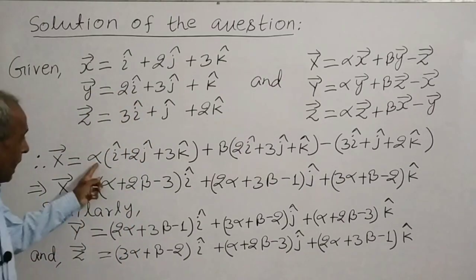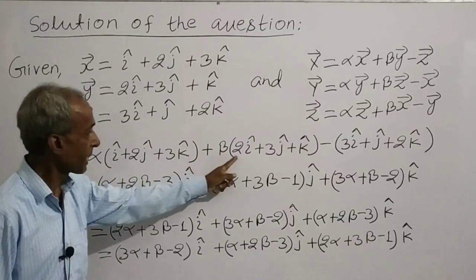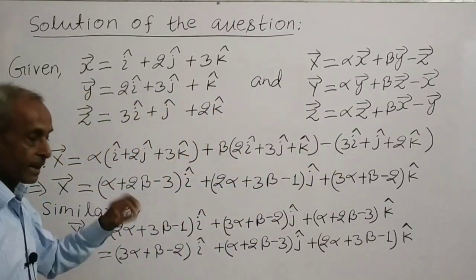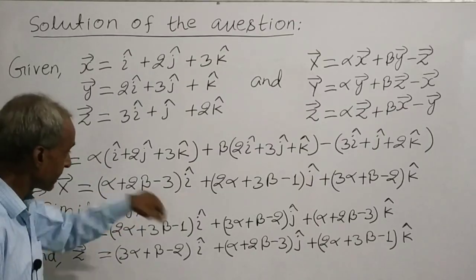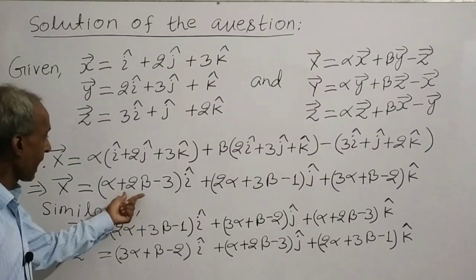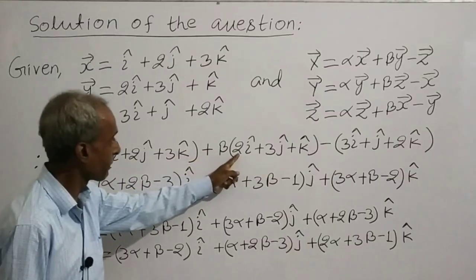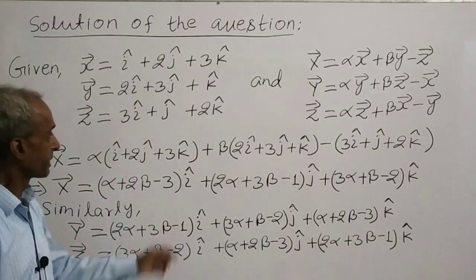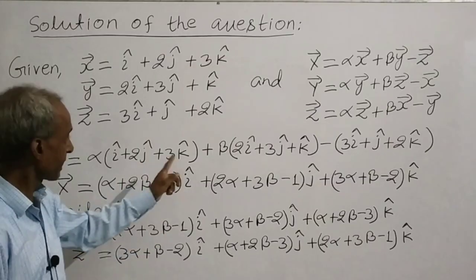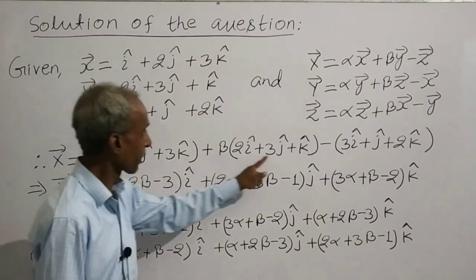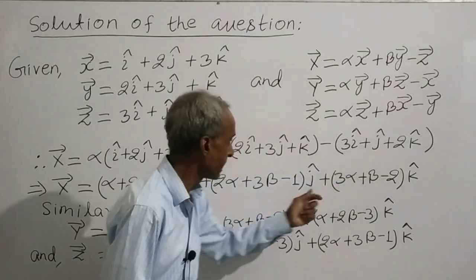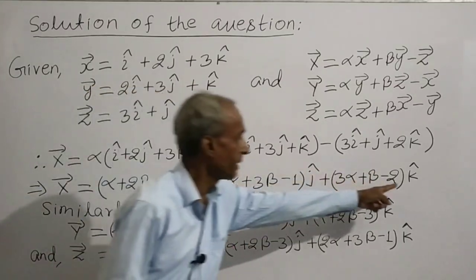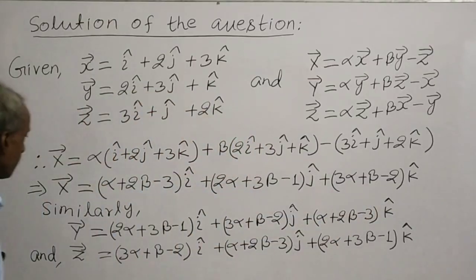Now, alpha i plus 2 beta i minus 3i. Taking i common from these three, we can write this as alpha plus 2 beta minus 3, times i. Similarly, taking j common from this and from this, we can write this, and taking k common, we can write this.